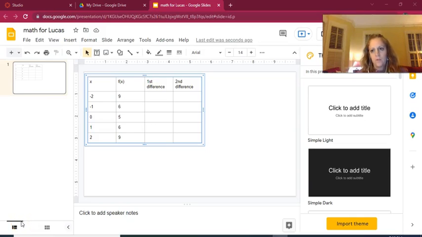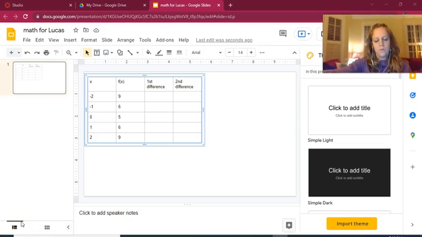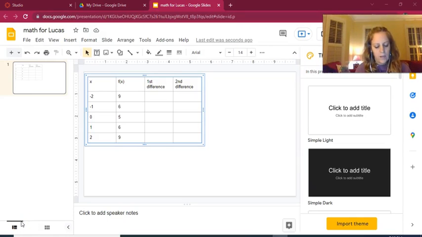Okay, Lucas, I'm going to try to explain how to do the recursive equation if I understand the video correctly. I think this is a quadratic equation because the first difference would be a -3, right?